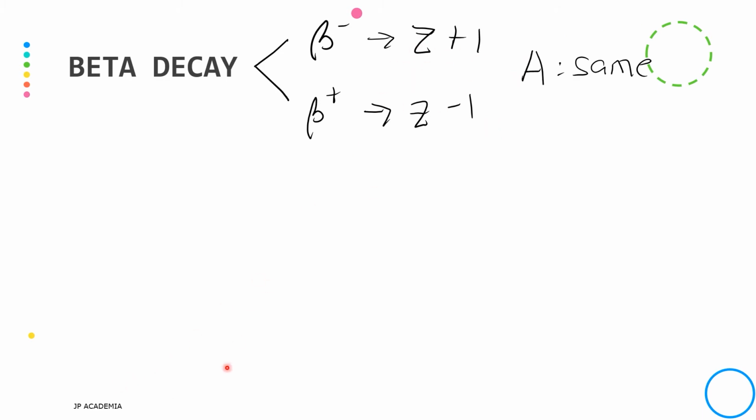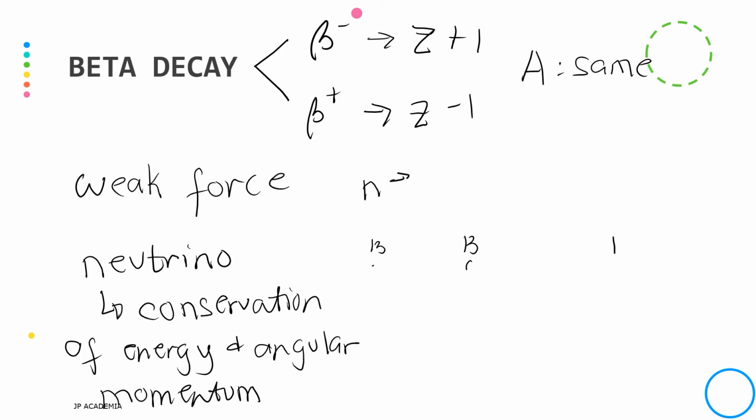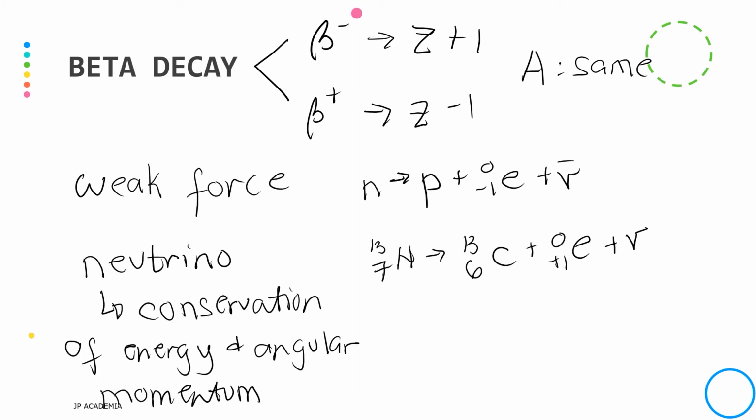A neutron transforms into a proton by emitting two particles, an electron and an antineutrino, as shown in this equation. So we have the electron, or beta minus, then we have an antineutrino. Or conversely, a proton is converted into a neutron by emitting a positron and a neutrino.